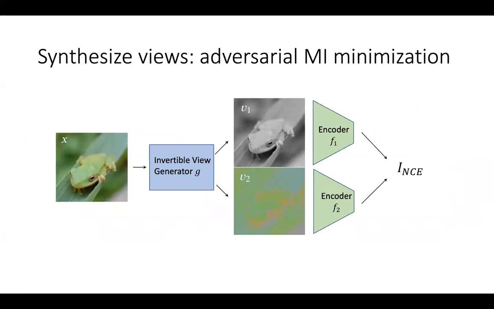And given the above observation and the InfoMin principle, our question is really, can we synthesize effective views using some sort of learning approach? As a starting point, we found this can actually be done. So we provide a minimal prototype to show how.